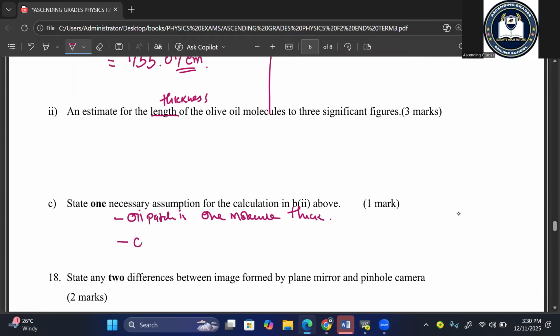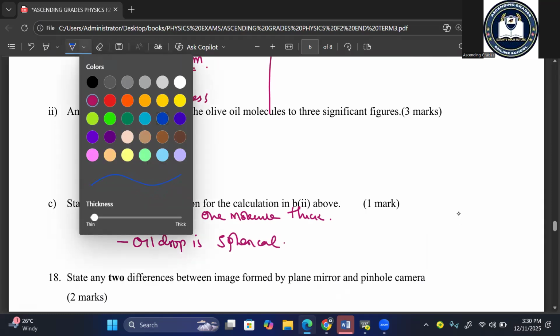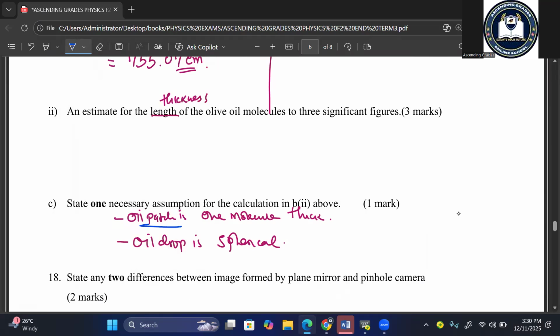You can say the oil drop is spherical. Be very careful when you're mixing this. Talking of patch, and this one is oil.